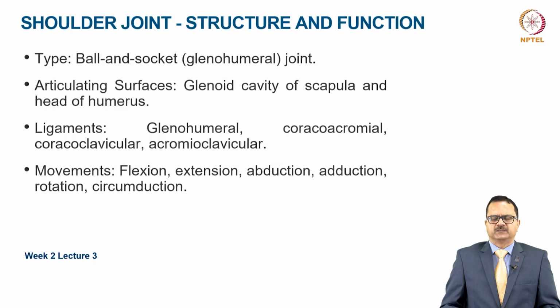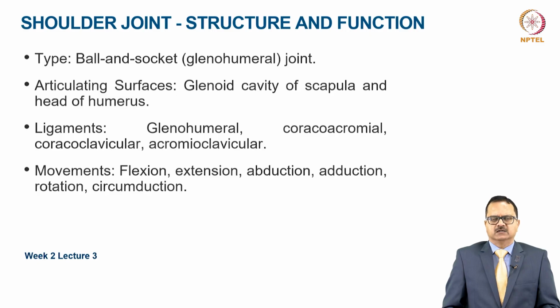The shoulder joint, it's a ball and socket type of joint, and it's also called the glenohumeral joint. The articulating surfaces are the glenoid cavity of the scapula and the head of the humerus. The ligaments of the shoulder joint are the glenohumeral, the coracoacromial, the coracoclavicular, and the acromioclavicular.